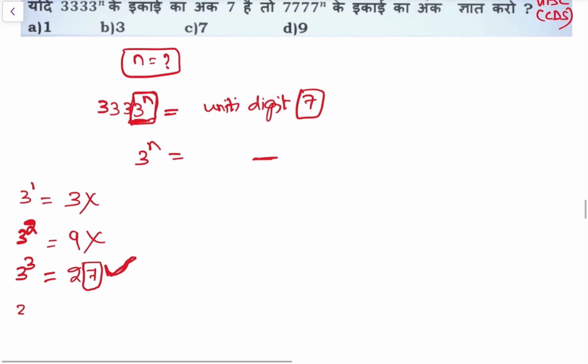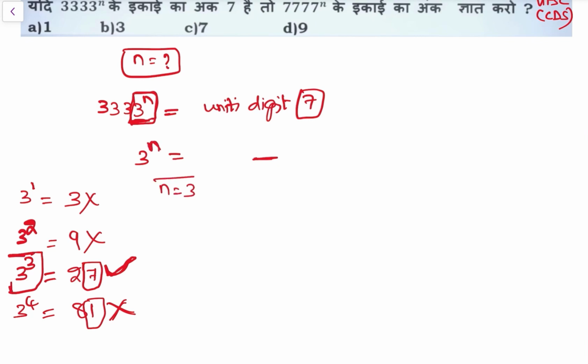Similarly 3 to the power 4, that is 81, so the unit digit here is 1. So this is not it. So when n is equal to 3, we get the unit digit as 7.